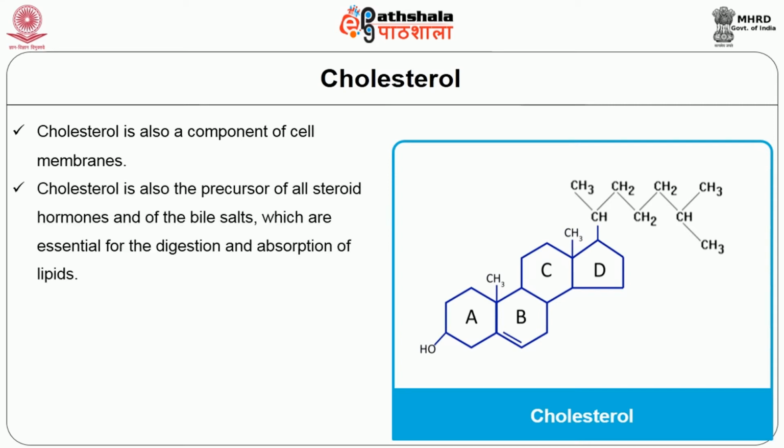Cholesterol is also the precursor of the other steroid hormones and the bile salts, which are very essential for digestion and other mechanisms. Steroid hormones are a very important class of hormones which are involved in the secondary sexual characteristic formation and the oogenesis and spermatogenesis components of the human reproductive system.